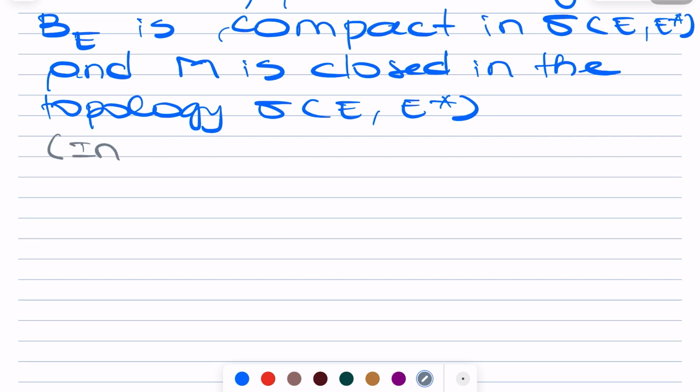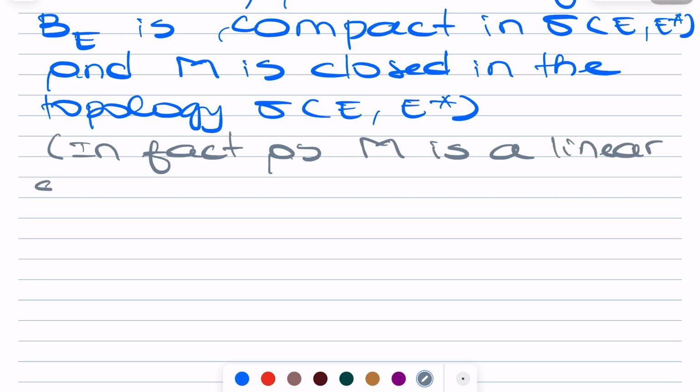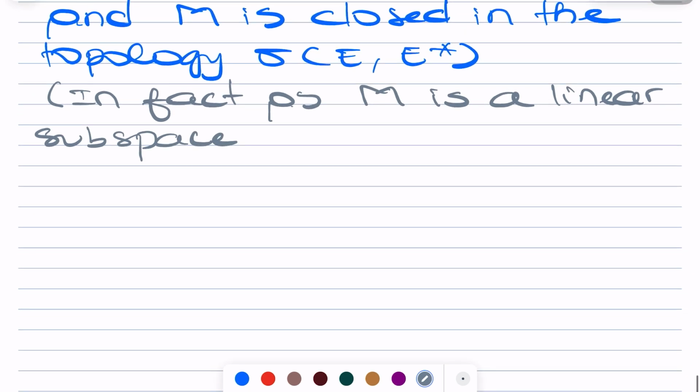In fact, as M is a linear subspace, M is convex.